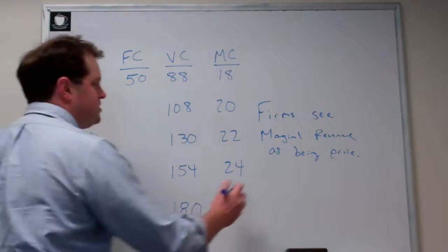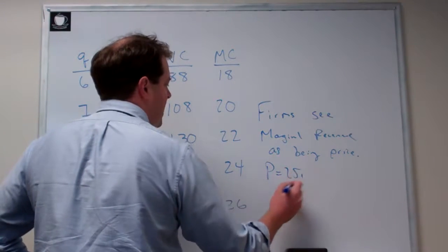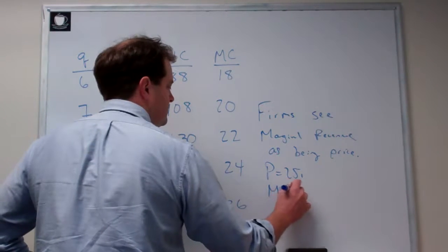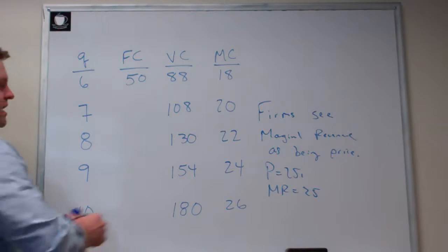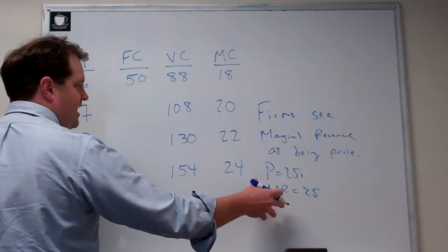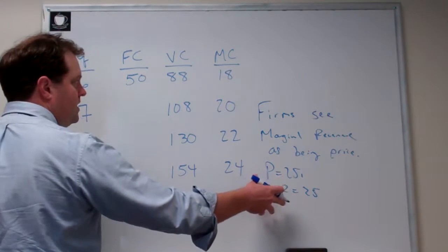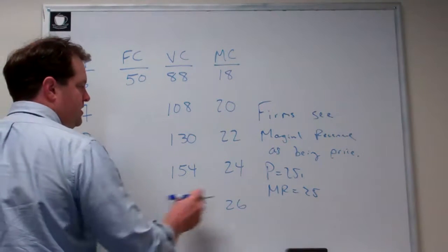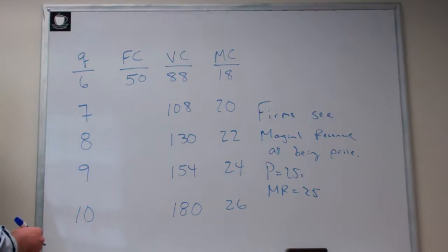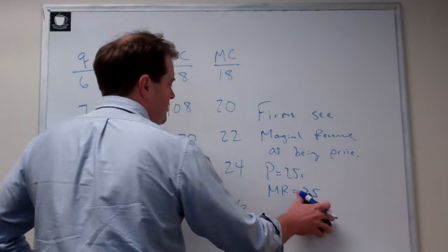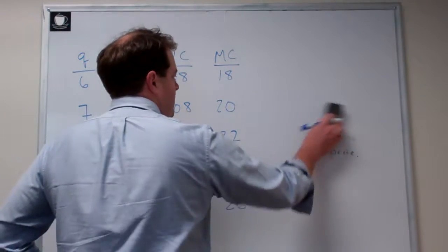So given the assumption we've made here that P equals 25 for all the firms in this market, marginal revenue is 25. Marginal revenue is the change in revenue given the fact the firm is going to sell one more good. Every time this firm sells a good, they're changing revenue by 25. So let's think about this in a couple of different ways in order to maximize profit.